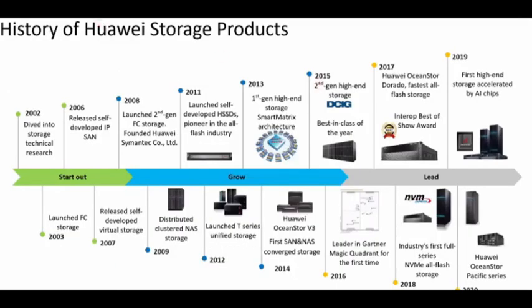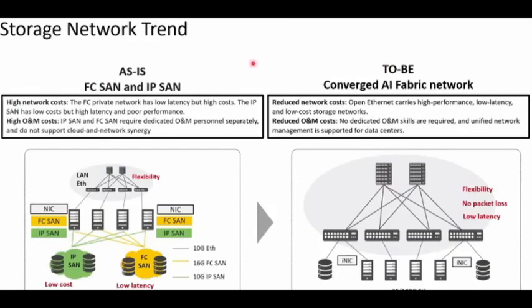Yep, go ahead. Hello, sir? Sorry, from a previous slide. For FC SAN, we use an FC switch, and we use a separate network from the other network. How about the IP SAN? Same thing. IP SAN will still be a separate network.